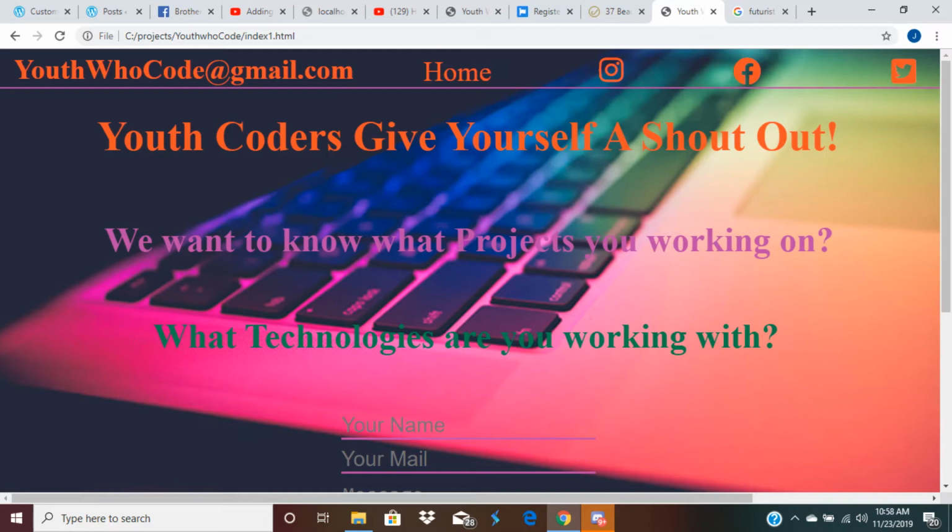Now, why is it important and why is it key? As a developer, our job is to problem solve. The number one way that we problem solve is by research.